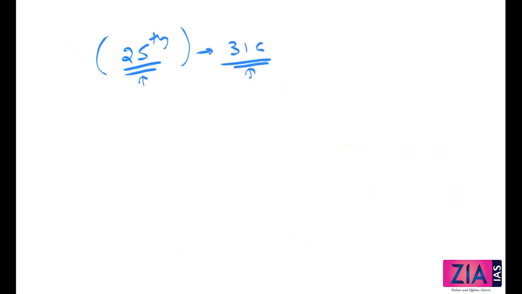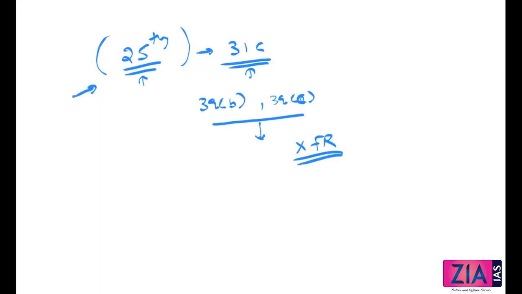This article reads like this: if the state enacts a law to give effect to the two DPs under 39B and 39C, land reforms and everything come under this, and that law violates the fundamental rights, then it will not be declared unconstitutional. This is what the 25th constitutional amendment added as 31C.